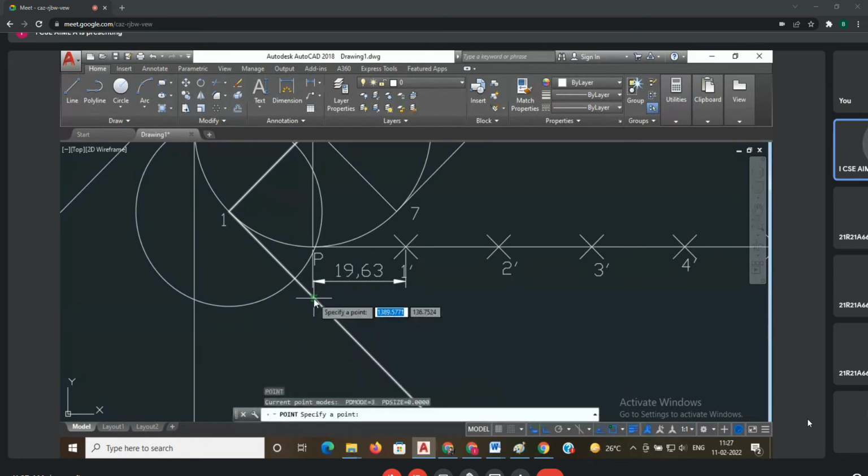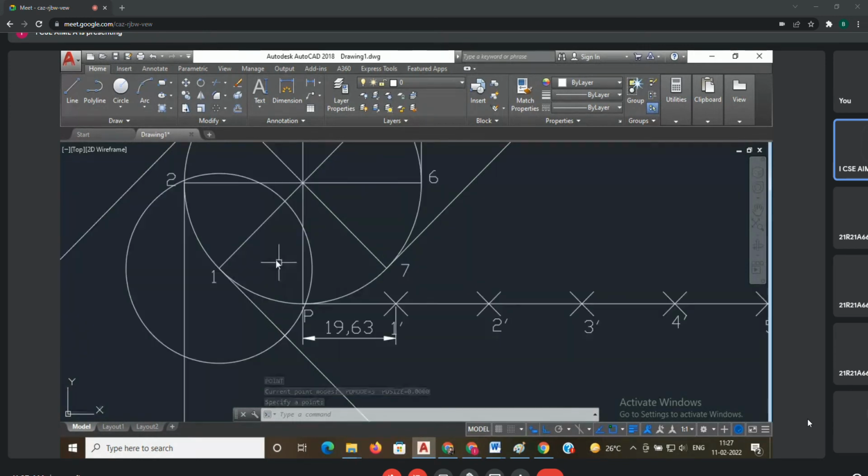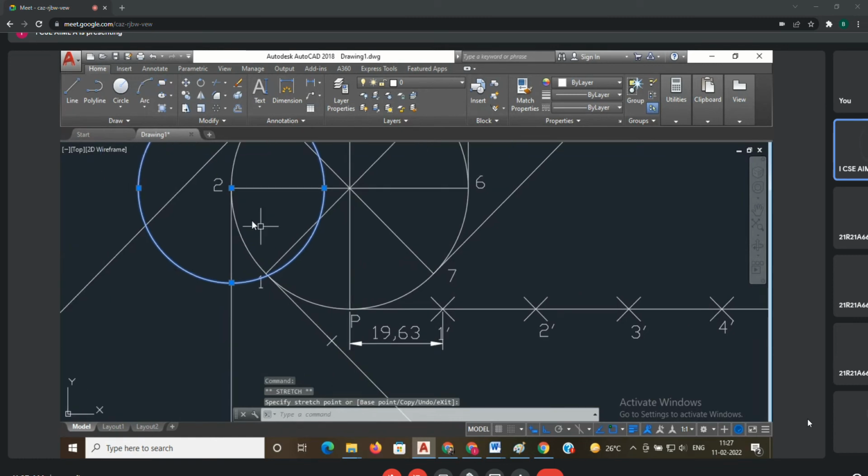Here we don't have any option to use the mirror option. Okay, just select the circle and shift this circle center from 1 to 2. Now the radius will be changed. It's not 19.63. What is this 2 point? P2 dash as a radius, 2 as a center, you have to cut it.